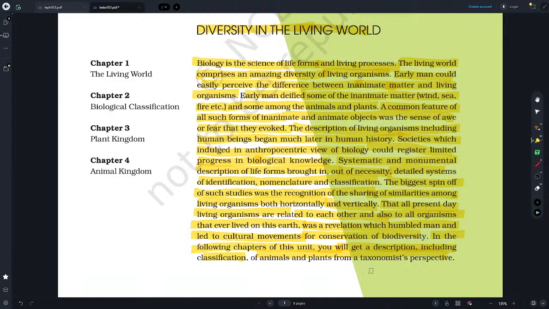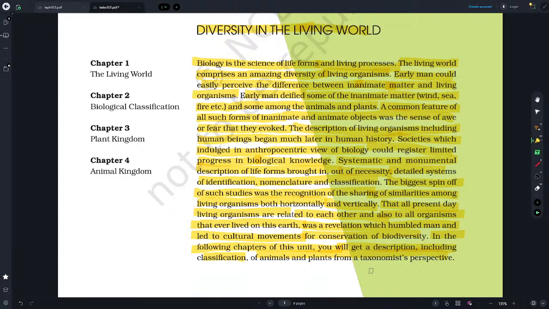Early man defined some of the inanimate matter, which is, we can see, wind, sea, fire. He defined some of these inanimate or non-living objects and some among the animals and plants. He understood some of the non-living matter as well as some of the living organisms.